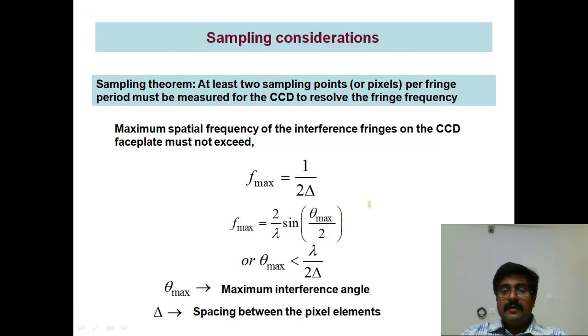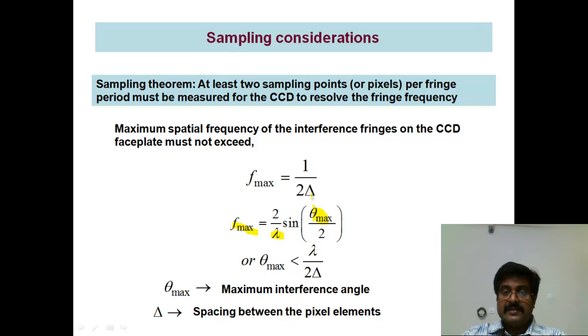The highest frequency, Fmax, is given by this, which depends on theta max, where theta max is the angle between the interfering object wave and reference wave, and lambda is the wavelength of light used.